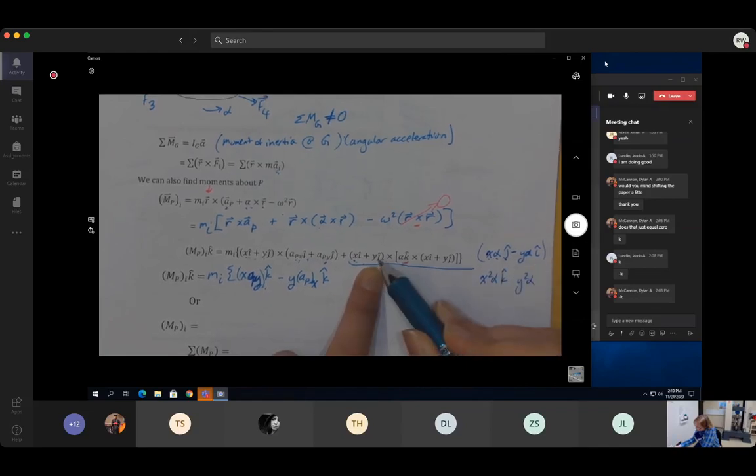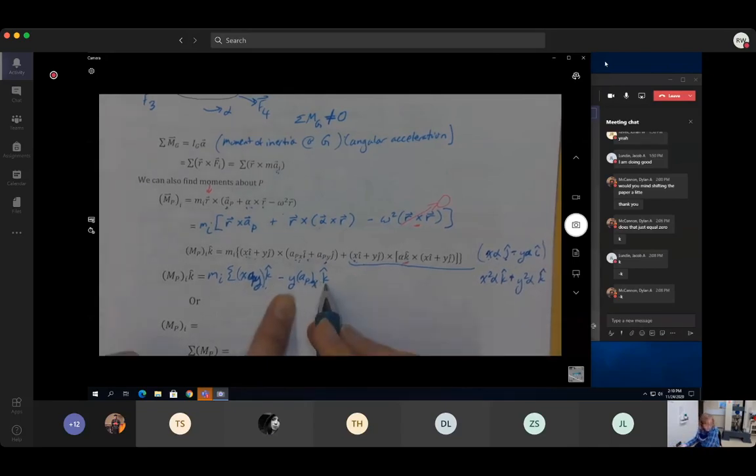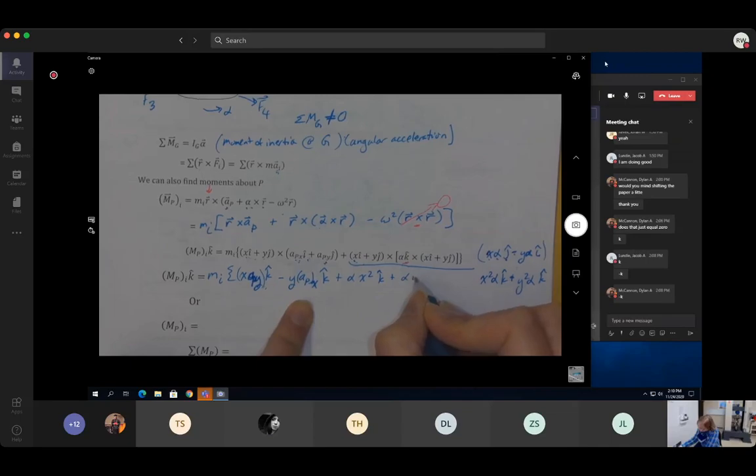We have J hat crossed with I hat, which should give us negative K hat. But we've got a negative sign here, and so we get a positive K hat. So we can put that back over here. So we have alpha x squared plus alpha y squared.